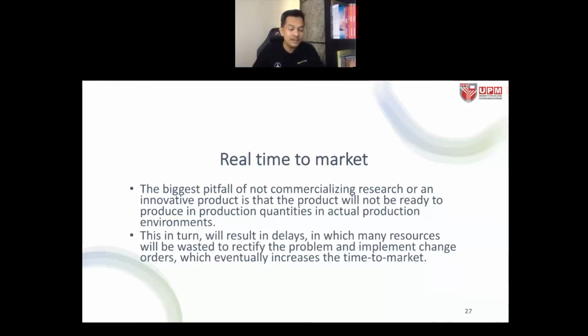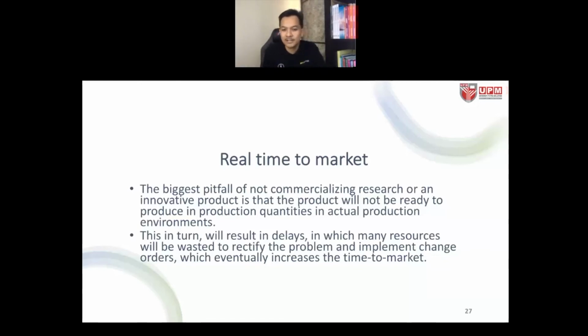Is it 1 million, or are you going to produce only one per day, or in bulk? So it depends on the nature of your product in the actual production environment. This in turn will result in delays if you don't plan it properly in the commercialization stage.